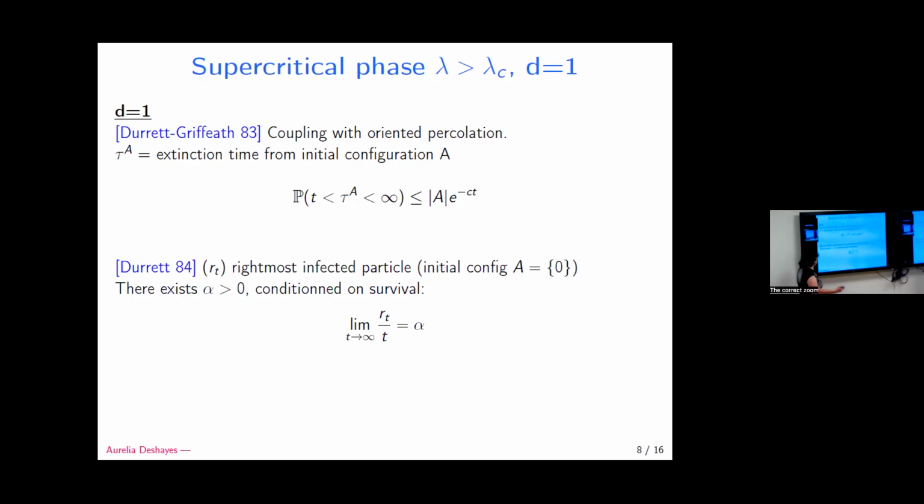And in 84, Durrett proved that the rightmost infected particle has a linear behavior, and the key element of the proof is the almost subadditive ergodic theorem.